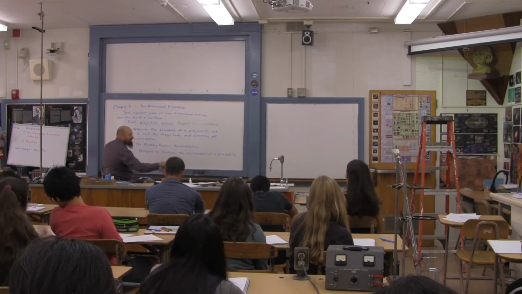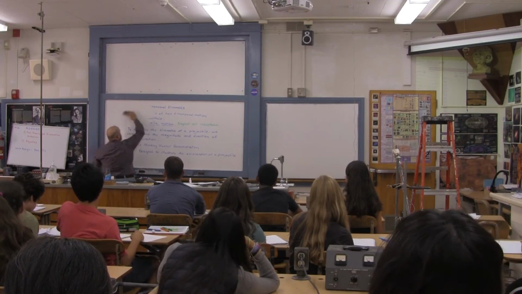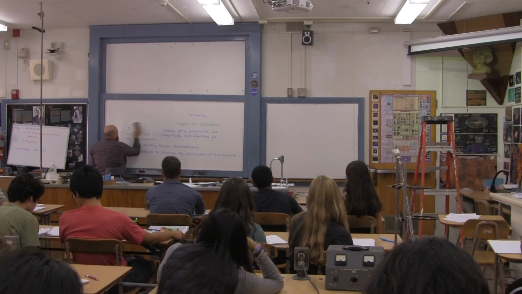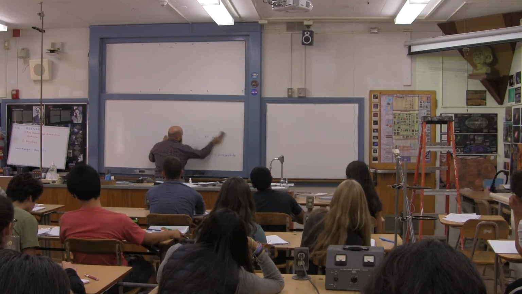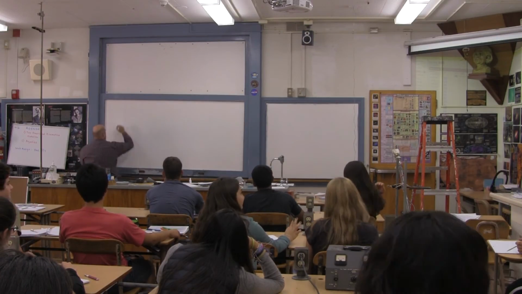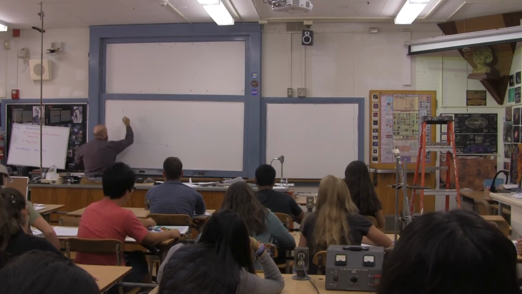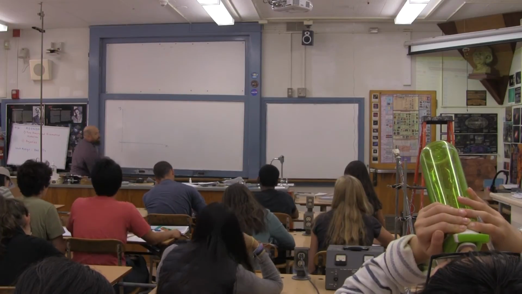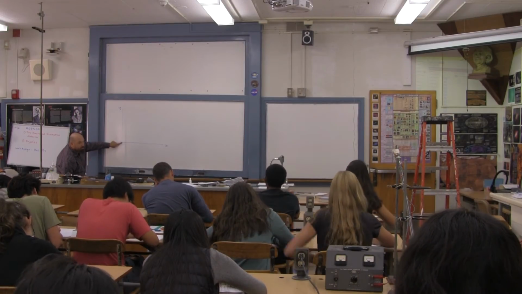All right, so how does this demo give us the acceleration of a projectile? Here's how it works. First of all, here is horizontal, here is vertical, and by definition we're going to say that the barrel of the gun is the origin.